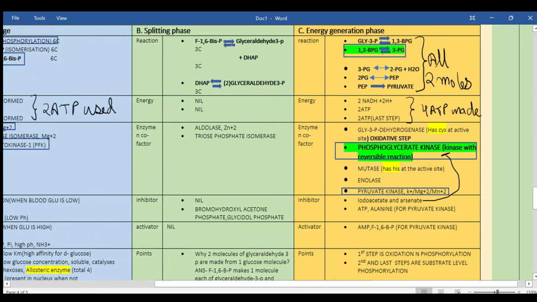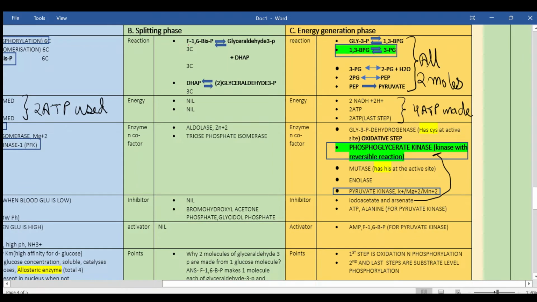Fructose 1,6-bisphosphate, sorry, it is not a 3-carbon compound, it is a 6-carbon compound, but it will be converted into glyceraldehyde 3-phosphate and dihydroxyacetone phosphate. And these 2 molecules are 3-carbon compounds, right? So fructose 1,6-bisphosphate is broken down, or split, into glyceraldehyde 3-phosphate and dihydroxyacetone phosphate, and these two are 3-carbon compounds.